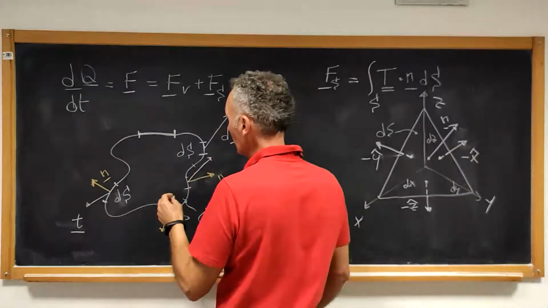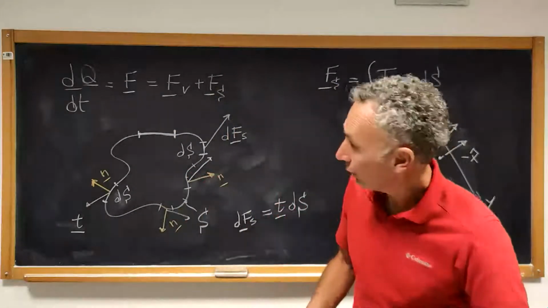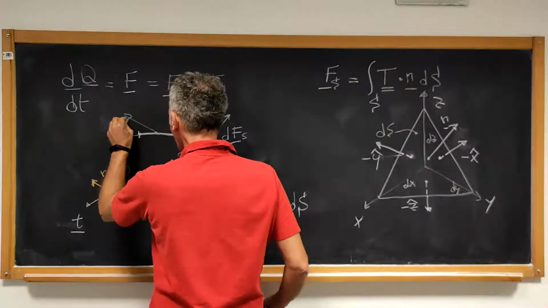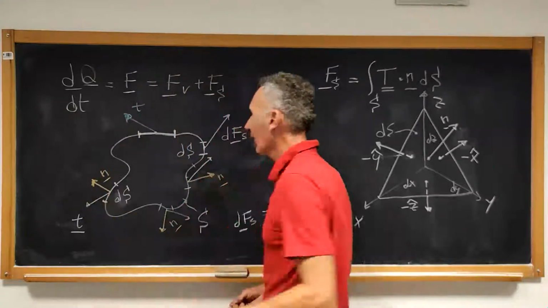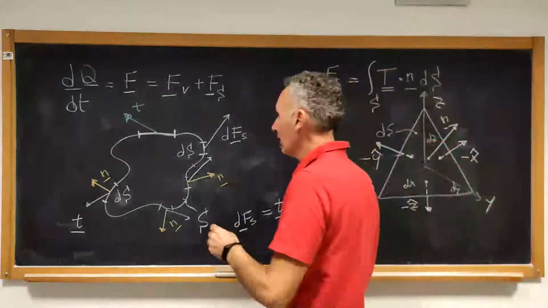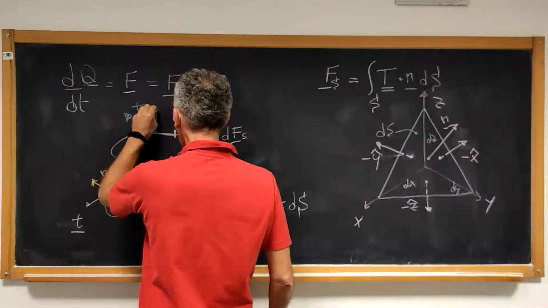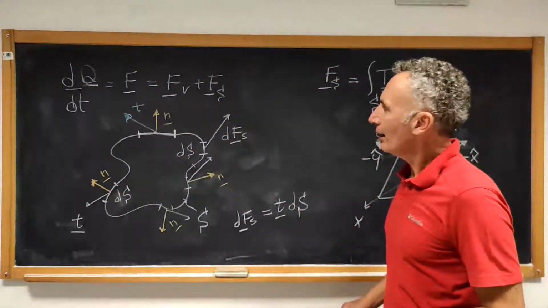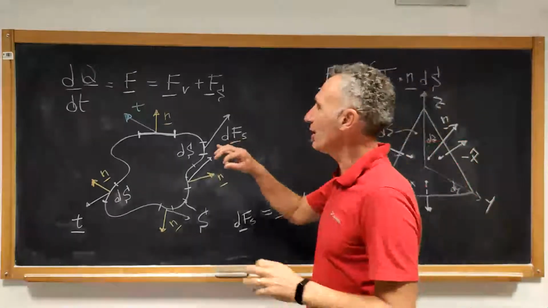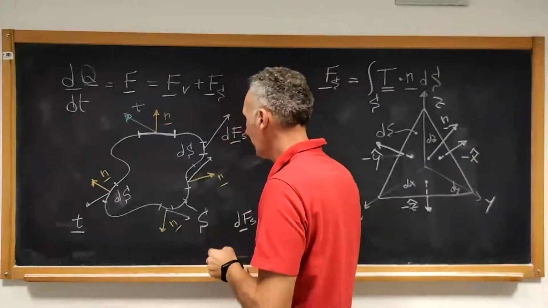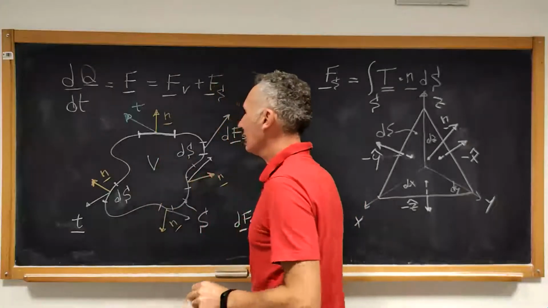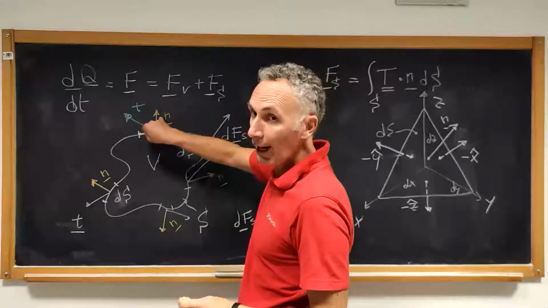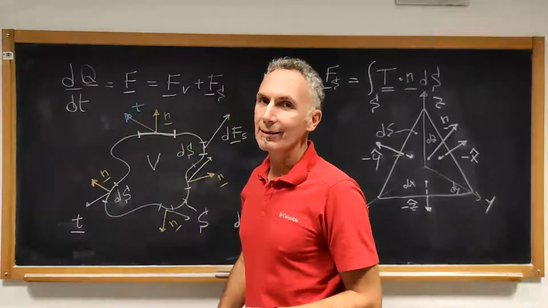This surface will have, I need another color, this tension vector, and it will have this outward normal. This is just because I'm considering for my particular problem that this is the material volume, and this is the outside. So this would be the outward normal, and this would be the tension.